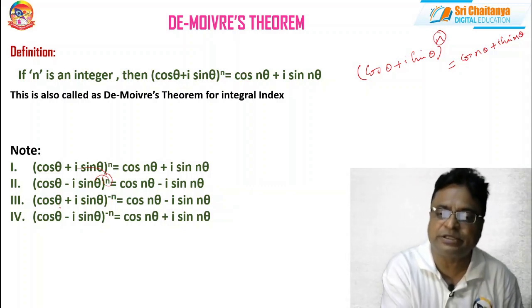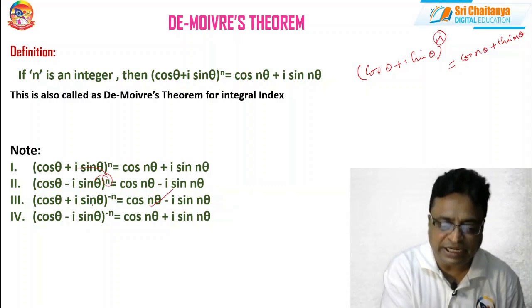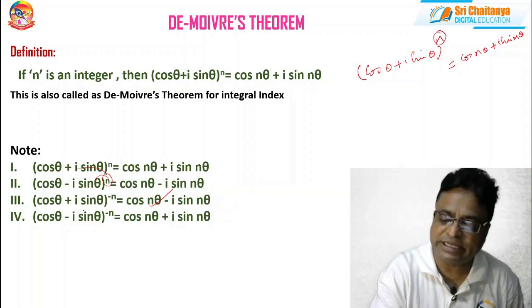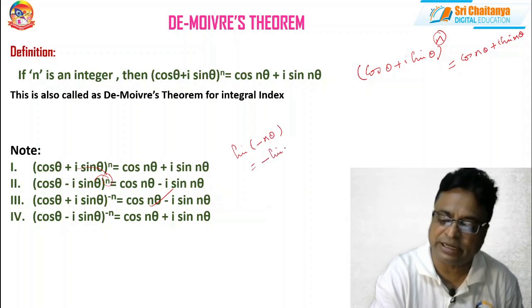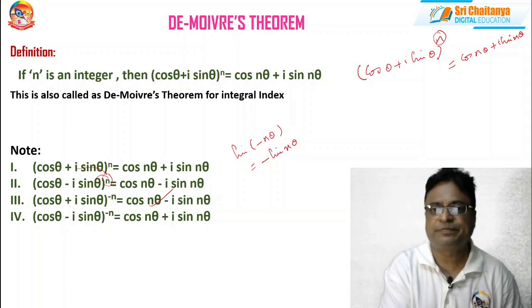Cos of minus n theta is cos n theta. And plus i into sin of minus n theta. Sin of minus n theta is equal to minus of sin n theta. That's why here minus comes.